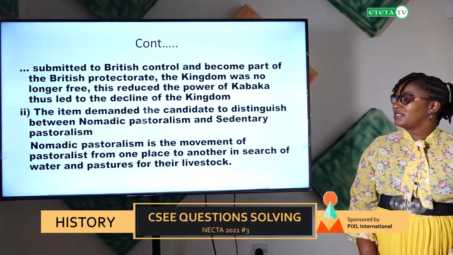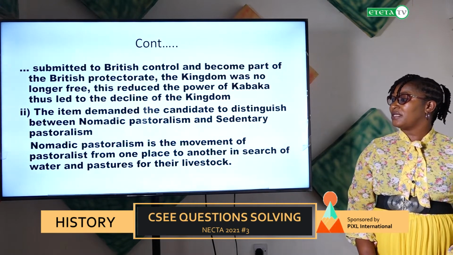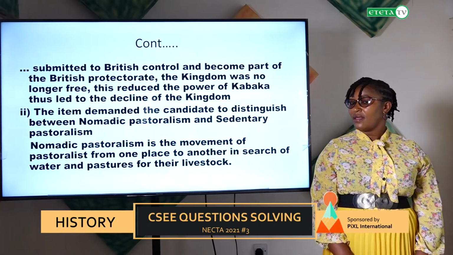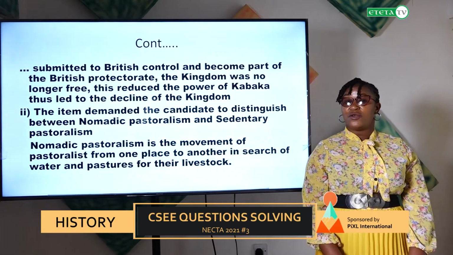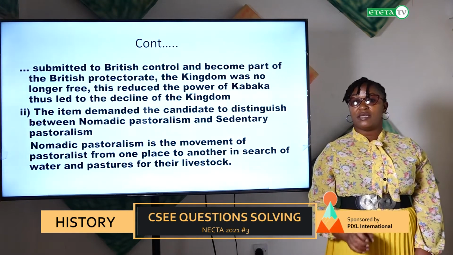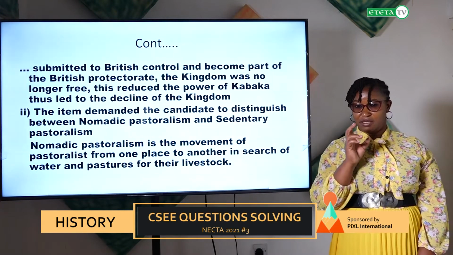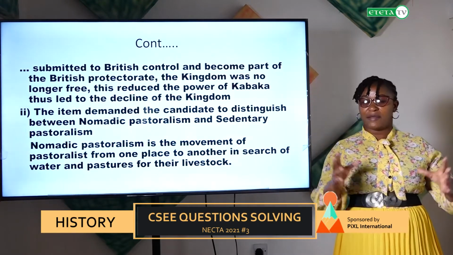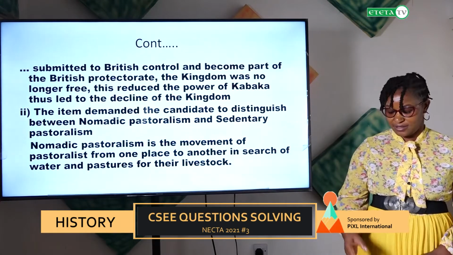Item number 2 demanded the candidate to distinguish between nomadic pastoralism and sedentary pastoralism. Sedentary and nomadic pastoralism are types of pastoralism found in agriculture, as we historians know.